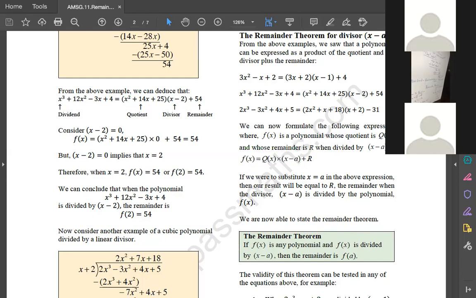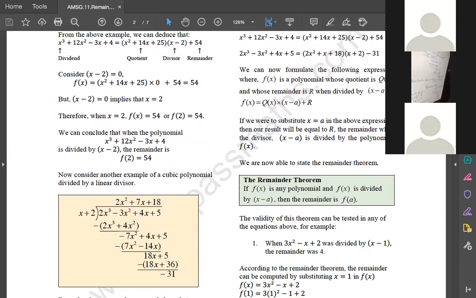So the remainder, when the polynomial f of x is divided by the divisor x minus a, that is the remainder theorem. So we are now able to state the remainder theorem. The remainder theorem states that if f of x is any polynomial, the f of x is the dividend.